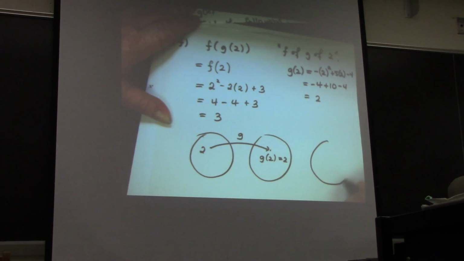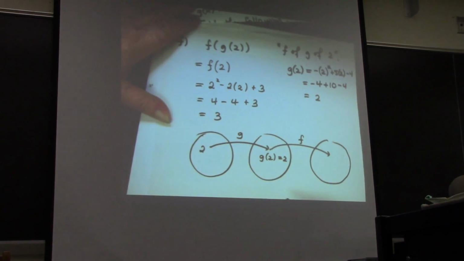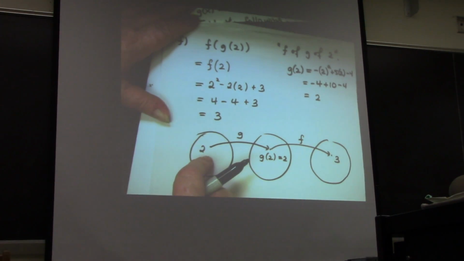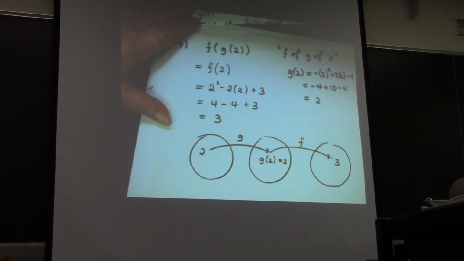But then I plugged that output of 2 into the other function f, and I got 3. That's what I did. I plugged a number into one function, I got an output from that function, and then I use that output as an input for the other function.